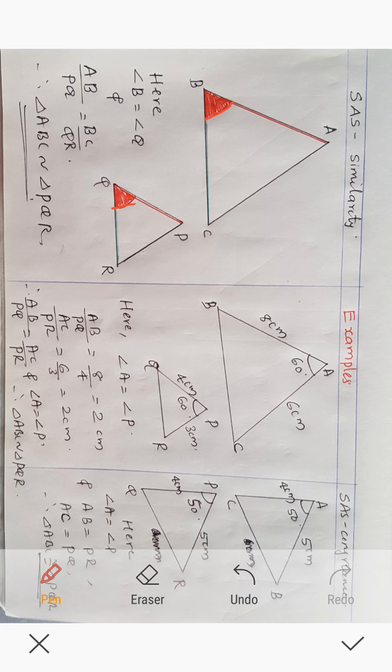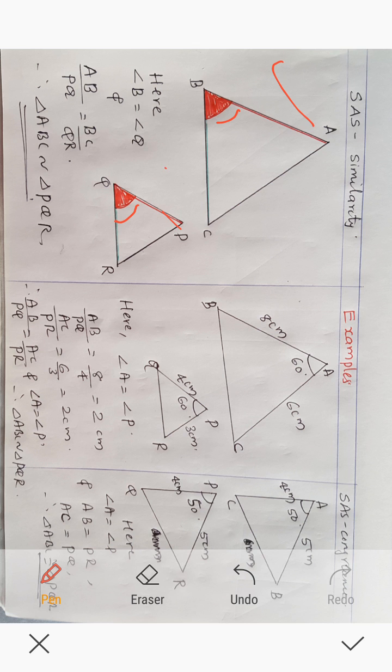So it is shaded here, angle B equal to angle Q. And if it is SAS congruence, we will be telling AB equal to PQ, BC equal to QR. But in the case of similarity, what is it? Angle B equal to angle Q. Then the ratio of the sides including the angle must be equal. So AB and BC are the sides including the angle in the first figure.